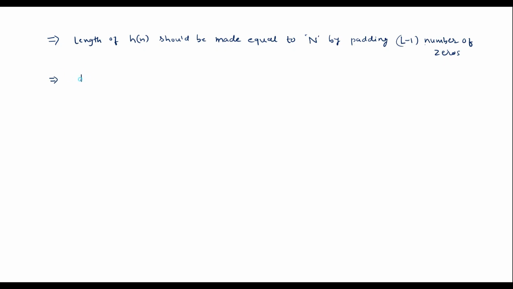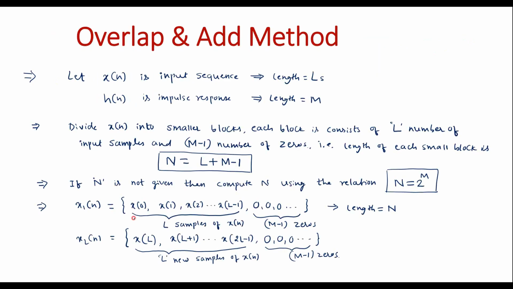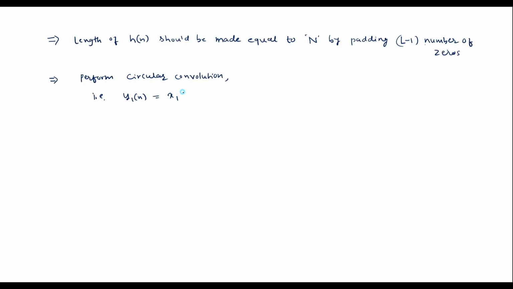Then perform circular convolution, that is, here we are supposed to perform the circular convolution between each small block with h of n, that is x1 of n, circular convolution with h of n. I will call it as y1 of n.